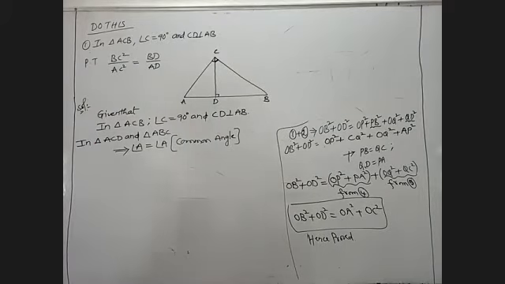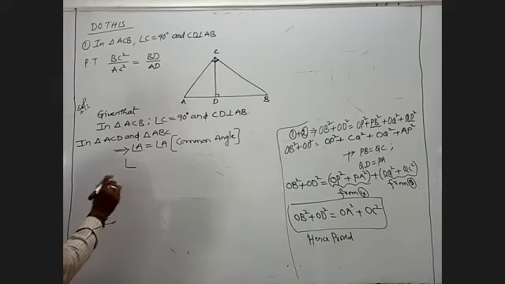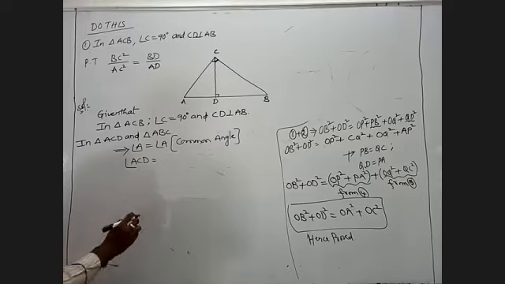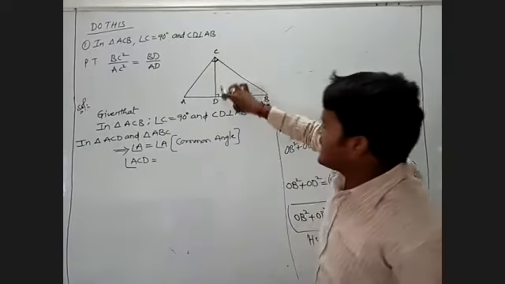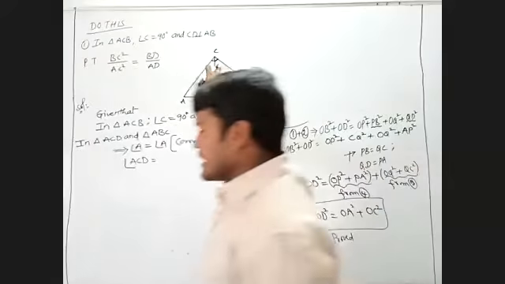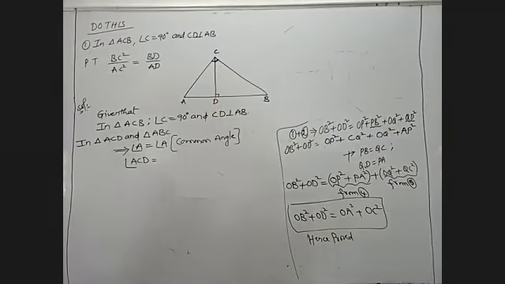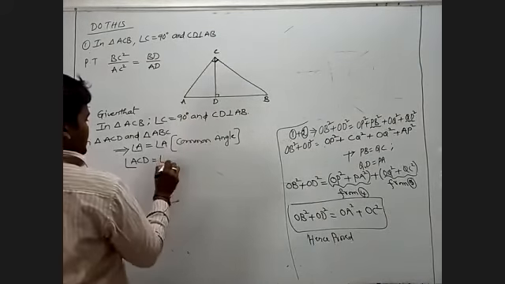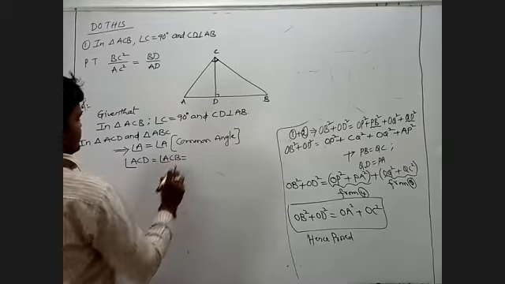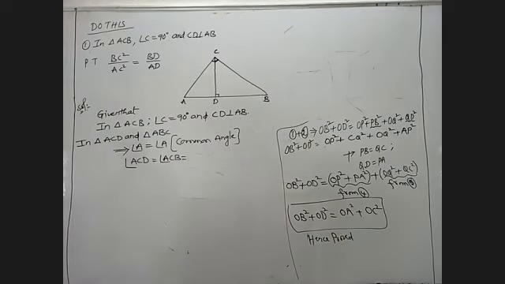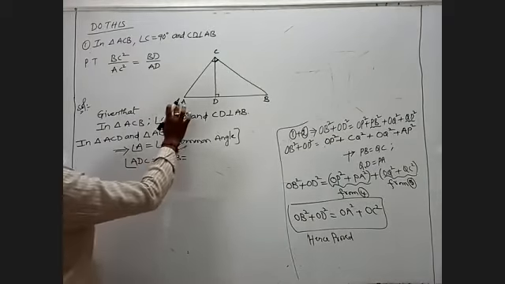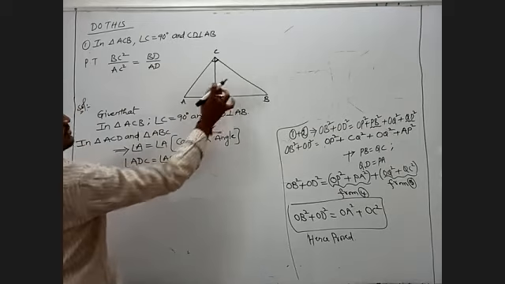After that we take triangle ADC. In triangle ADC, angle D consists of 90 degrees.